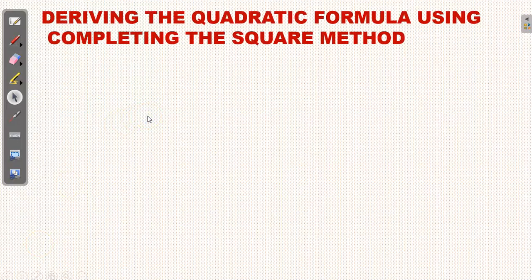Okay, today we're going to see how to derive the quadratic formula using the completing the square method. But before proceeding, I'd like to explain what quadratic equations are.